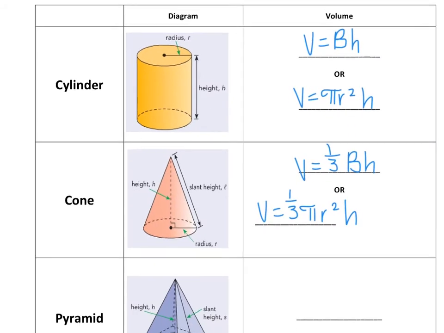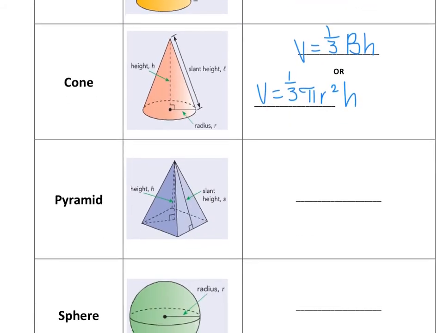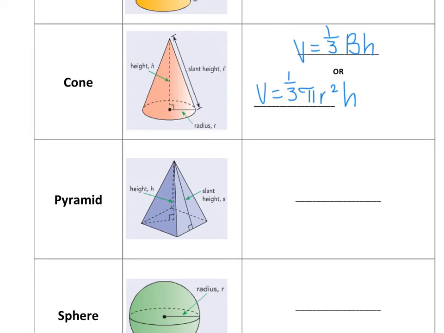The next one that we're going to take a look at is the volume of a pyramid. So the volume of a pyramid is going to be kind of similar to what a cone is, and that is volume equals a third the area of the base times the height.